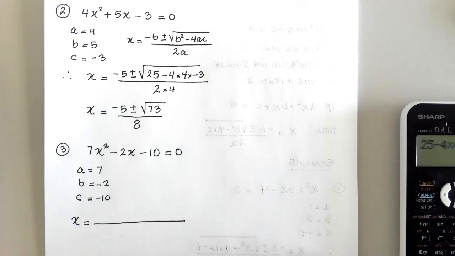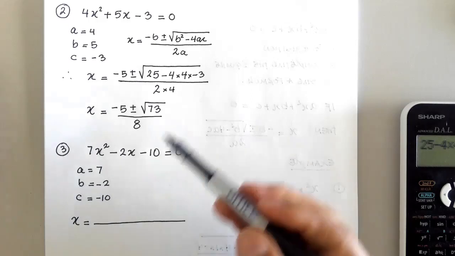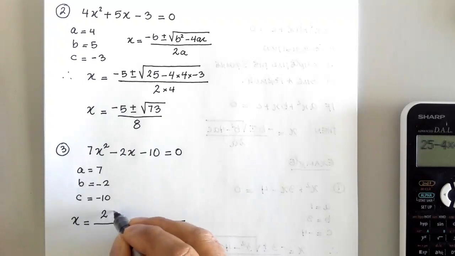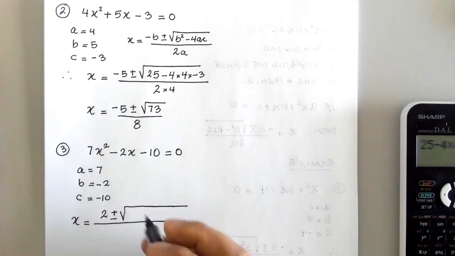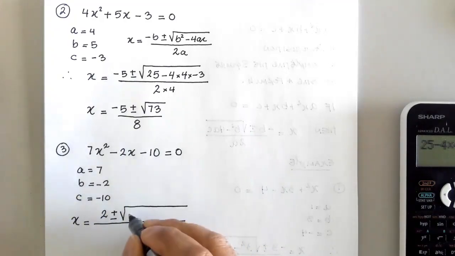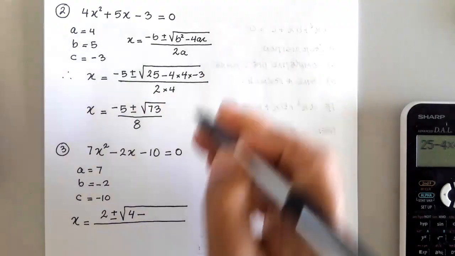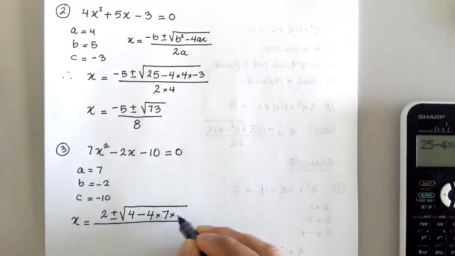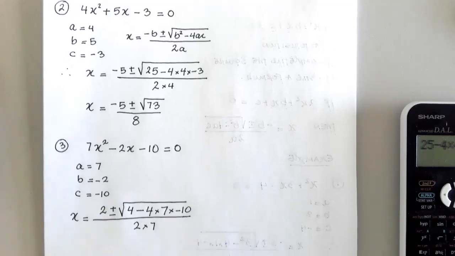The formula says minus b, so it's gonna be minus -2, which is just 2, then plus or minus square root of 2 squared, which is 4, and then take away 4 times 7 times -10, and then all divided by 2 times 7.